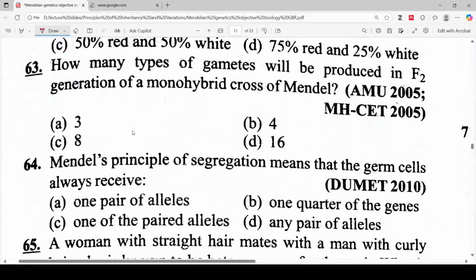Next question, how many types of genotypes will be produced in F2 generation of monohybrid cross of Mendel? So the correct answer will be option B, 4.